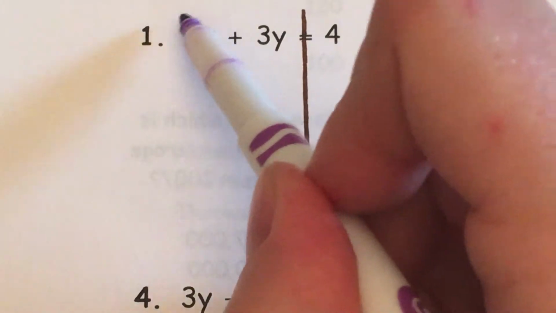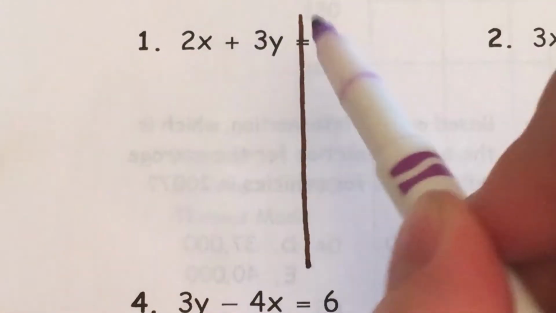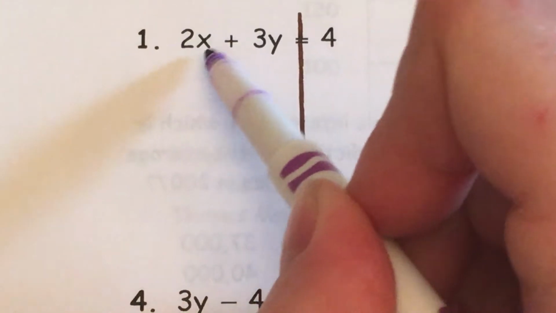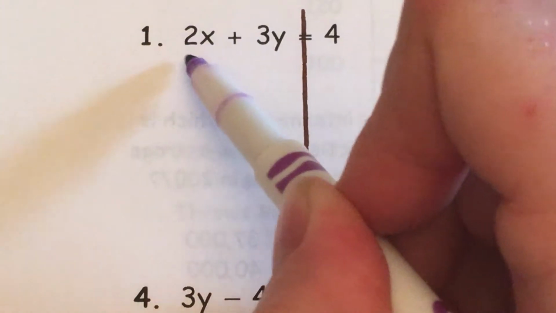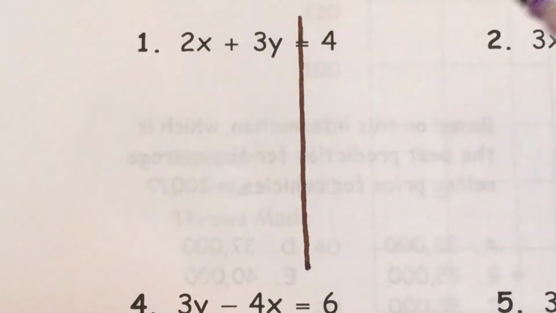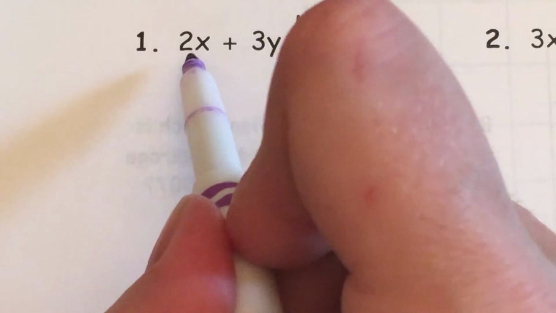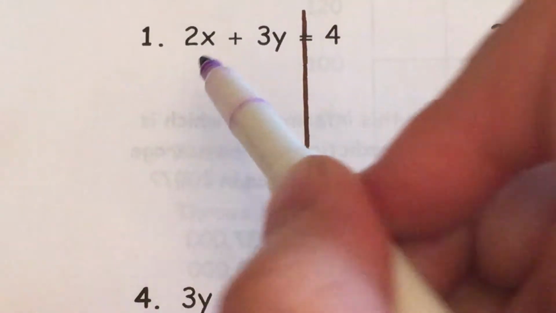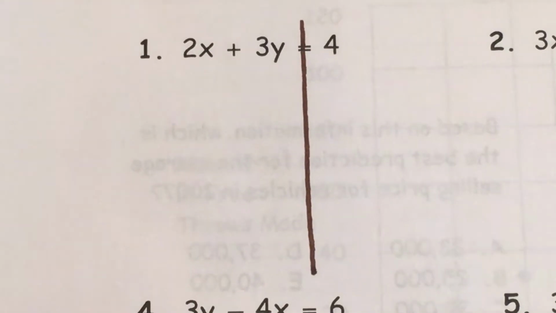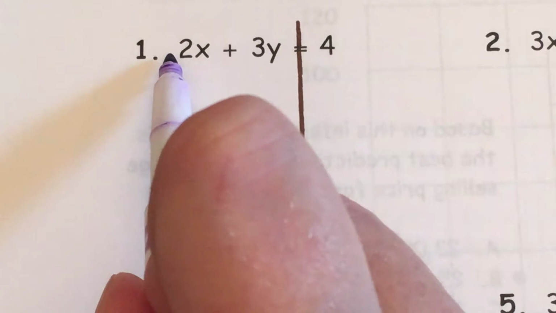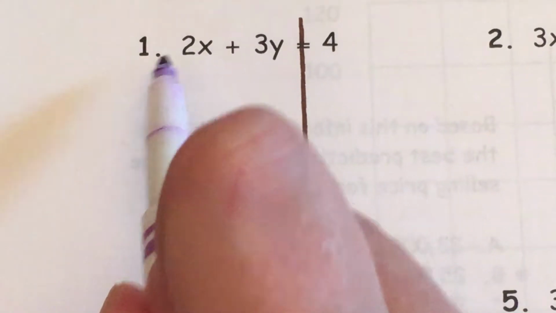So we have a 2x and we have a 3. If you have a term that is completely separate from the y, like this 2x, begin by removing it first. This 2x, currently it is positive. I know that that 2x is positive, not because of this plus sign, but because there is no minus sign in front of the 2x.